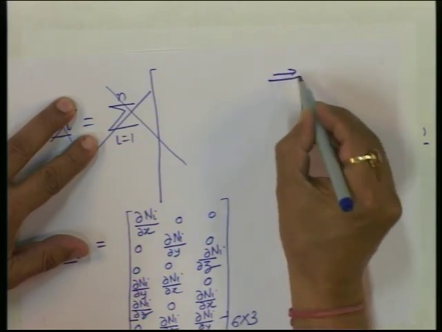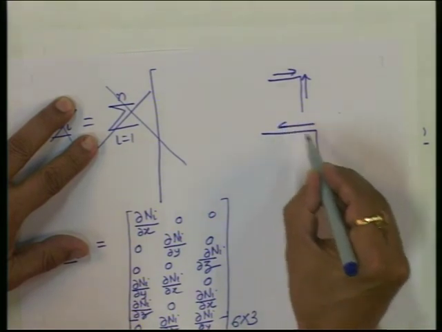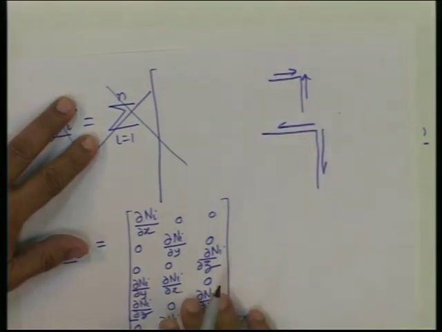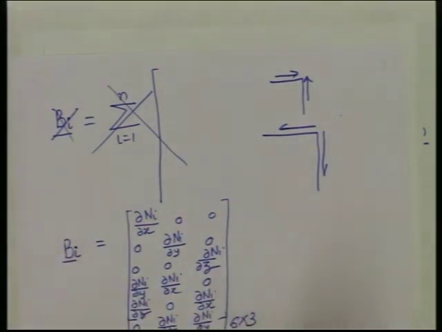Any corner you have a shear stress like this, they should be either converging or diverging. They should be acting like this or this. So, they will change the shape of the body. Shear stress produces a change in the shape.